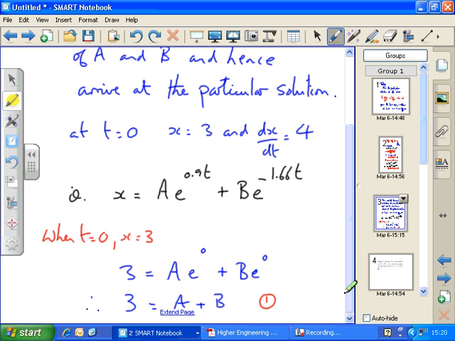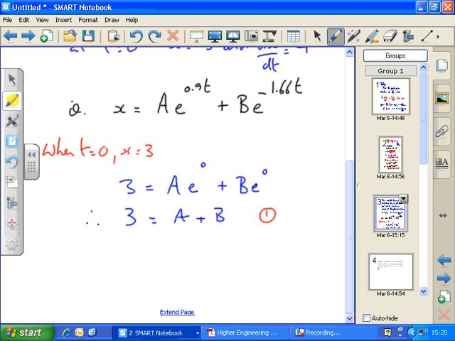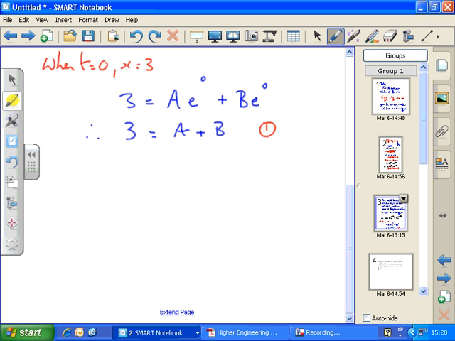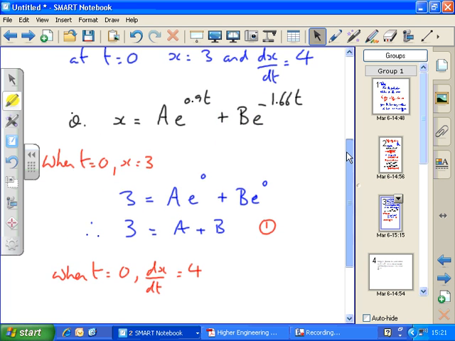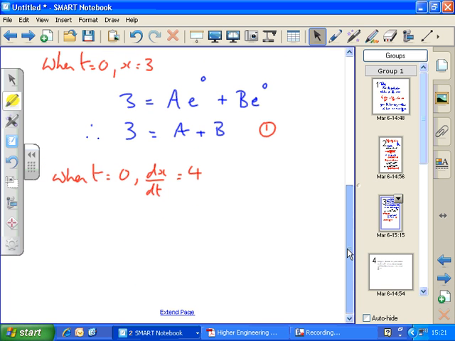I've used the first one to find one of a set of simultaneous equations. So then I put the second initial condition in, when t equals 0, dx by dt equals 4. The first thing I have to do is take my equation, x equals a e to the 0.9t plus b e to the minus 1.66t, and differentiate it.